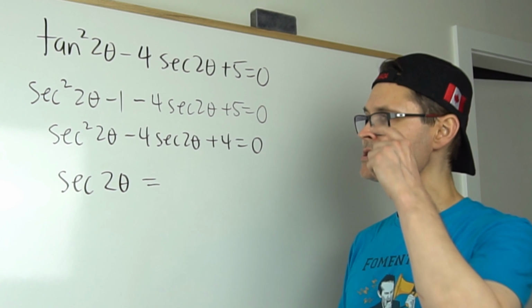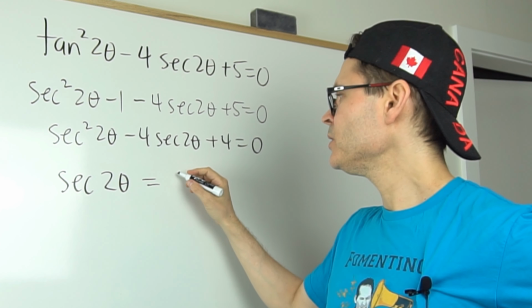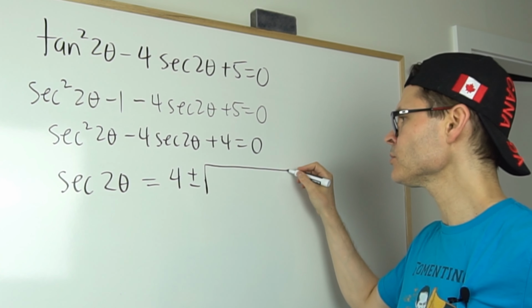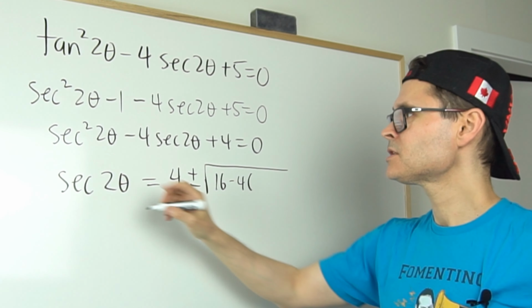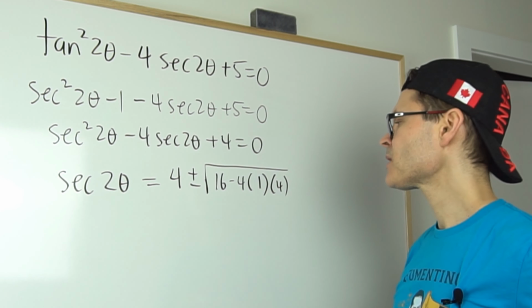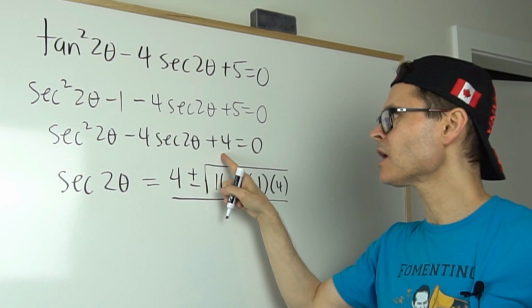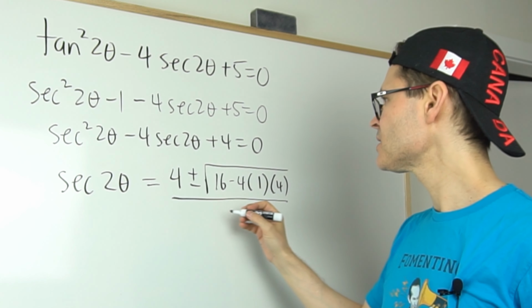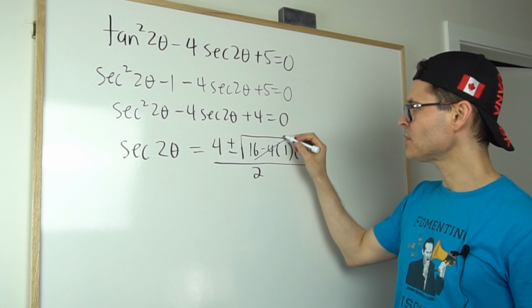I'm going to solve for secant 2 theta using the quadratic formula, which is going to be 4 plus or minus the square root of b squared, which is 16, minus 4, times a, which is 1, times c. And you can see that's actually 0, meaning that this was factorable, right? There are two numbers that multiply to give 4 and add to give negative 4. So you could have factorized, all over 2a, which is 2, and that's just going to go to 0.